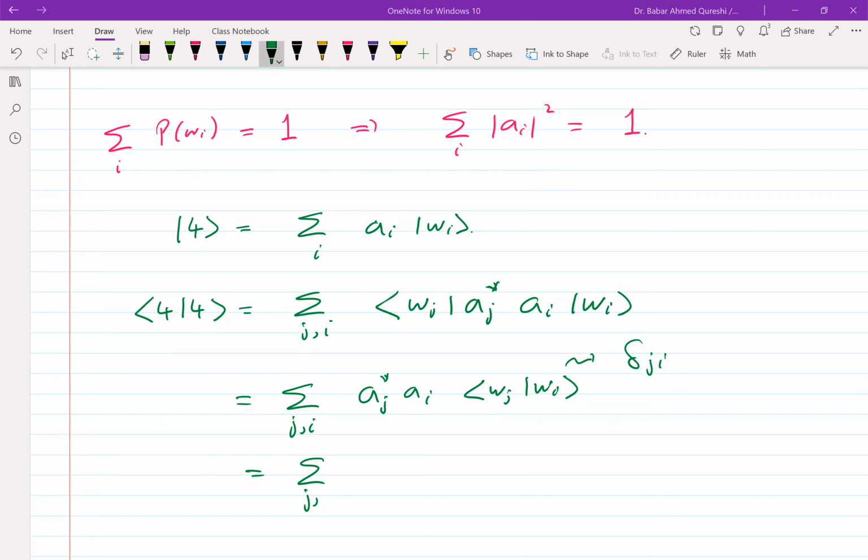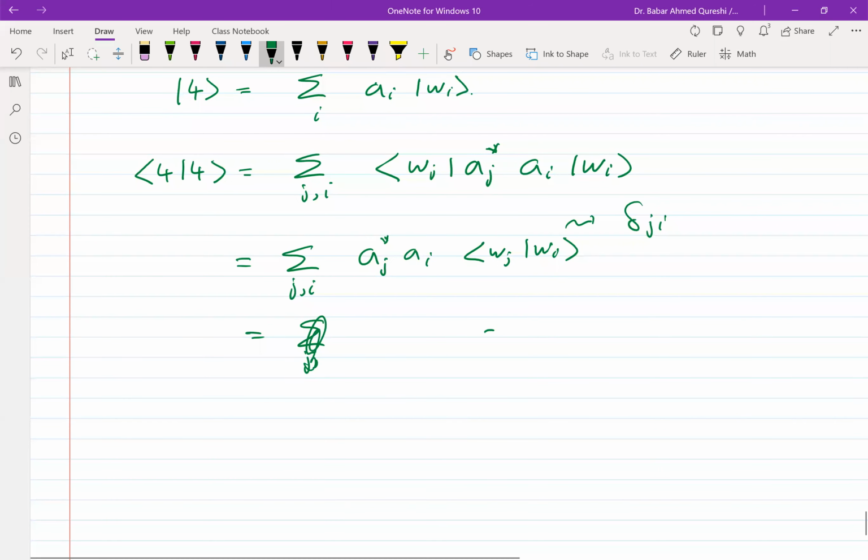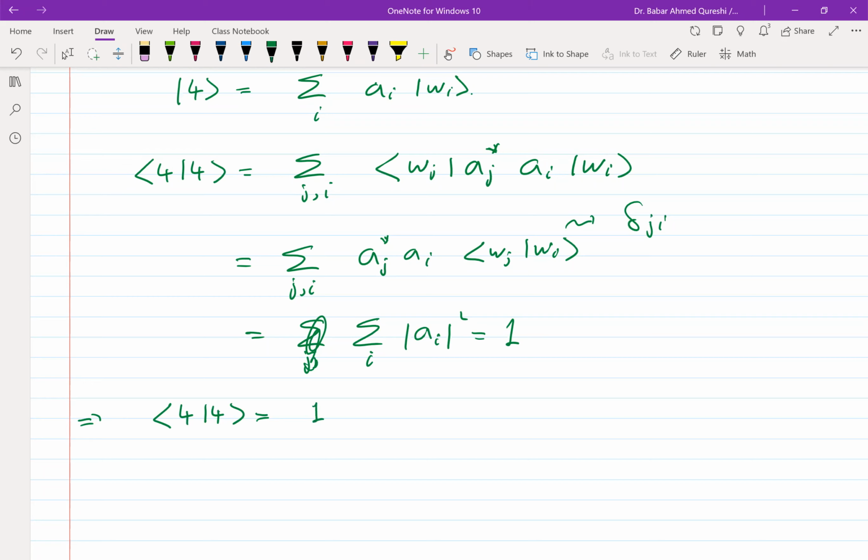So this gives me one of them breaks down. And I get ai mod square. But this is equal to 1. If I want them to be probabilities, and probabilities summing to 1, this implies I should take the norm of psi equal to 1.